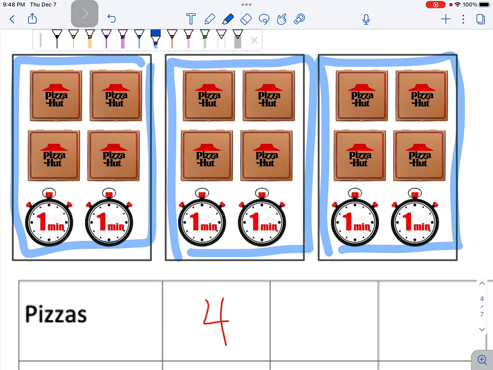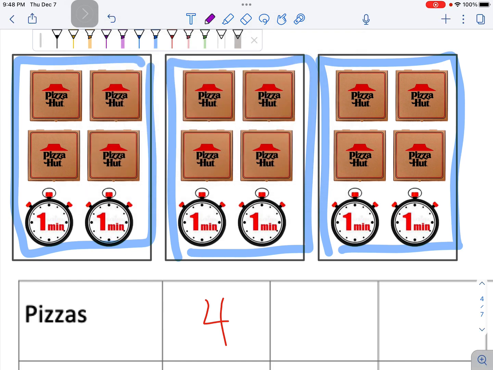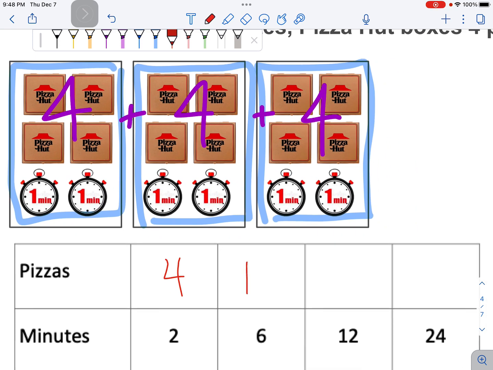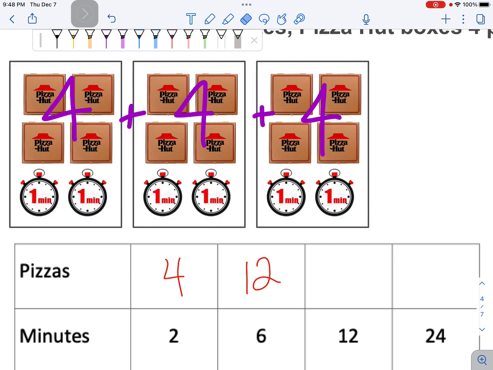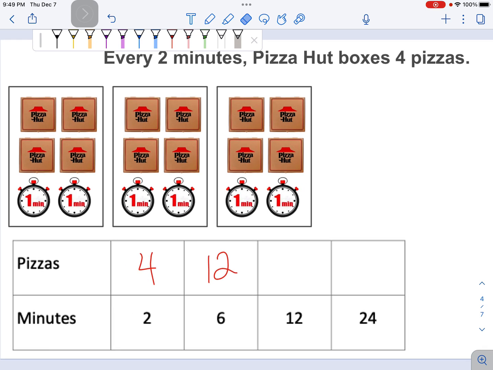So at this point, I have 6 total minutes. How many pizzas are there? Well, it's a little bit bigger here, there's 4 here, there's 4 here, and there's 4 here. So we have 4 plus 4 plus 4, which is 12. Now I also want you to notice that this original picture from the last page has repeated itself. I put the little black rectangle around it.